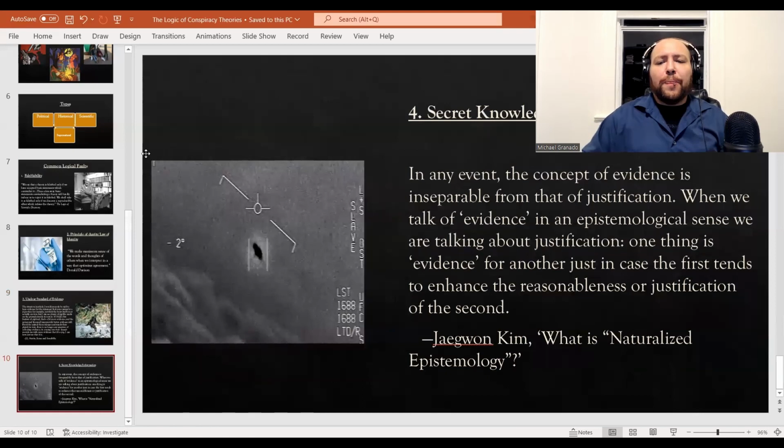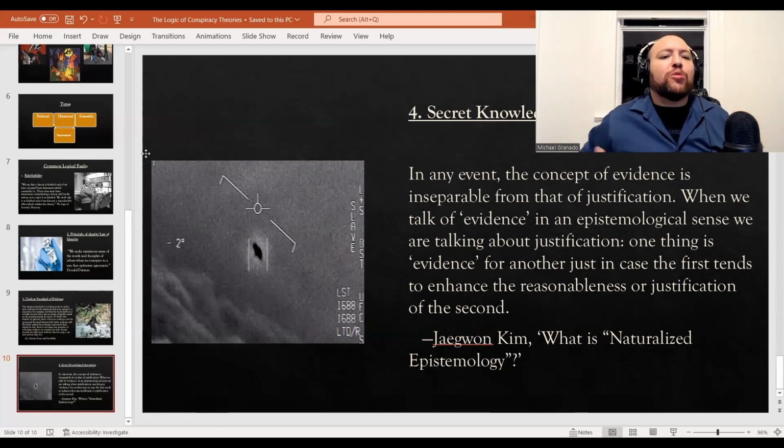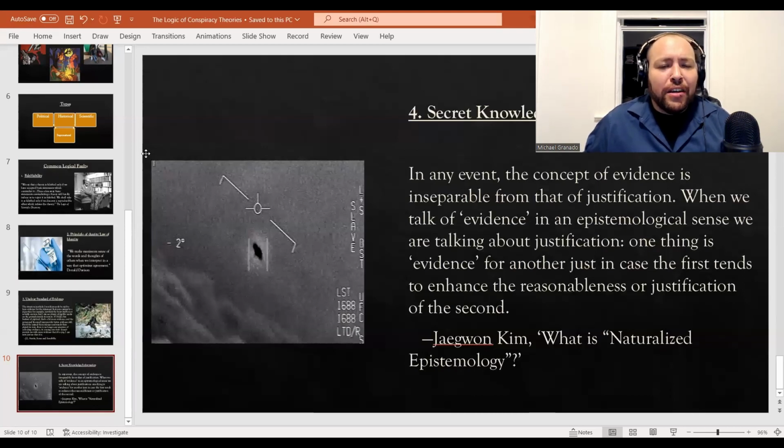And the fifth thing, secret knowledge or information. For a lot of conspiracy theories, there's this idea that the truth is being hidden from you or from the general population. Aliens is a good example here. The conspiracy theory that the US government has made contact with or is housing aliens at places like Roswell or Area 51, or take your pick, but that this information is being kept from us, that it's secret, that it's inaccessible.